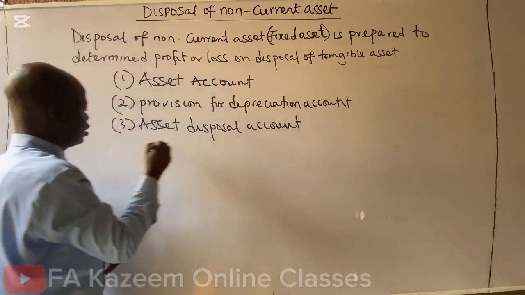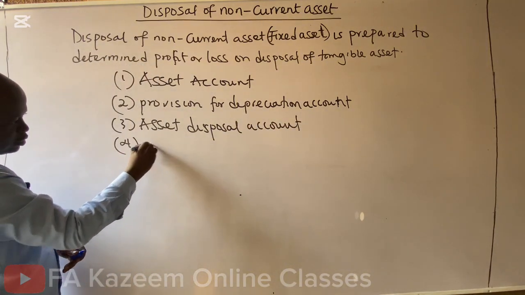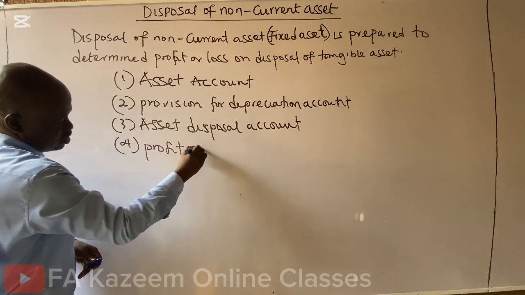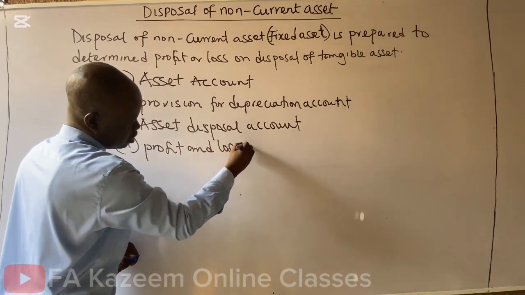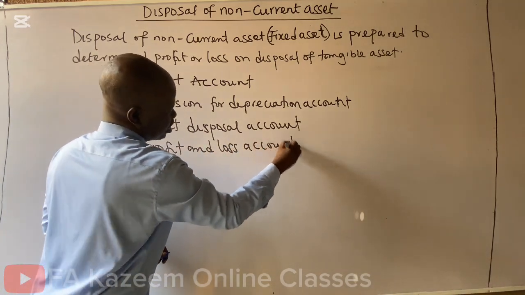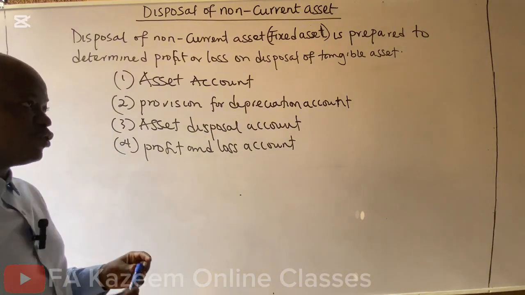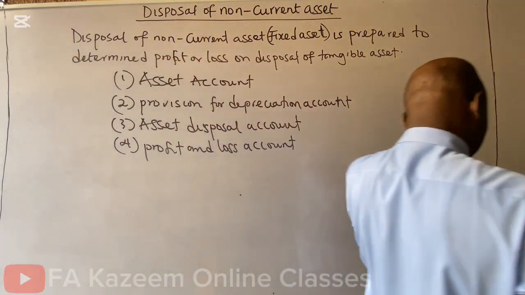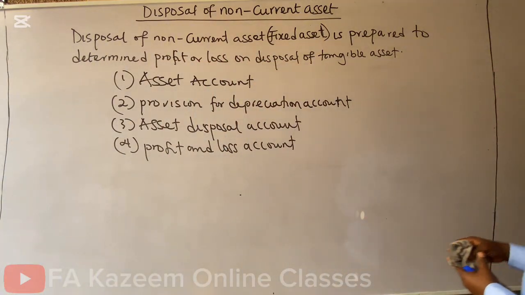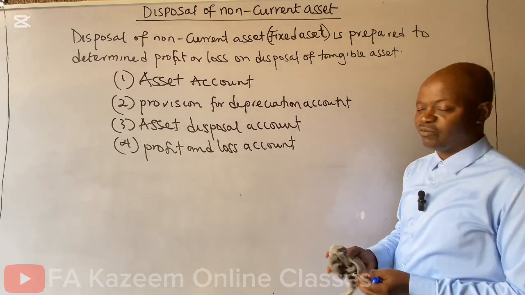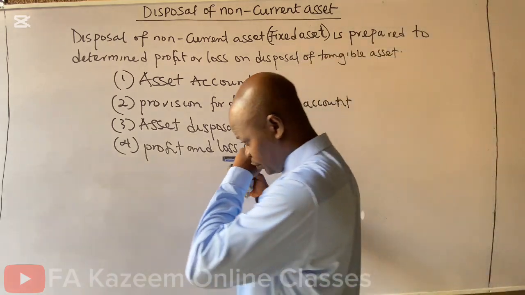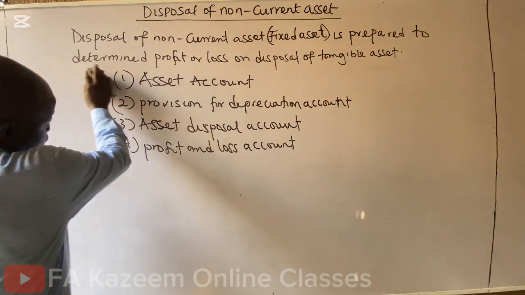And lastly, we'll prepare profit and loss account. These are the four major accounts needed to determine if an asset is disposed at profit or at loss.